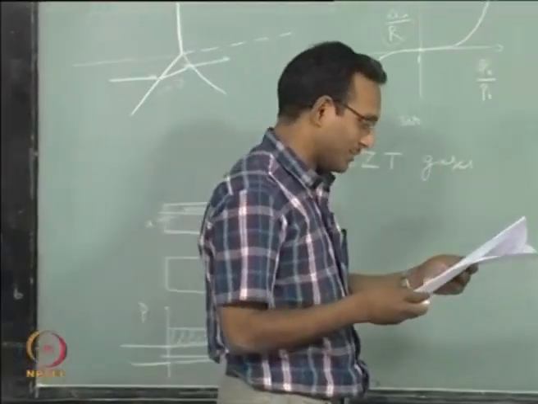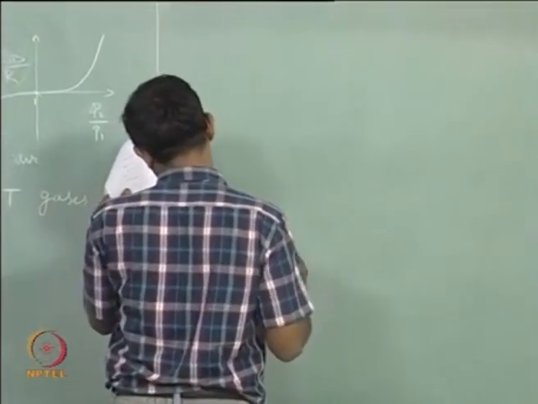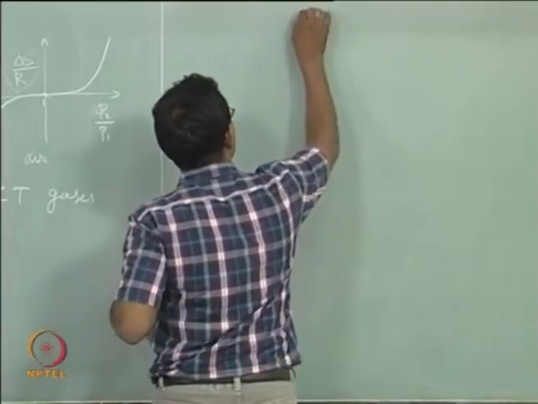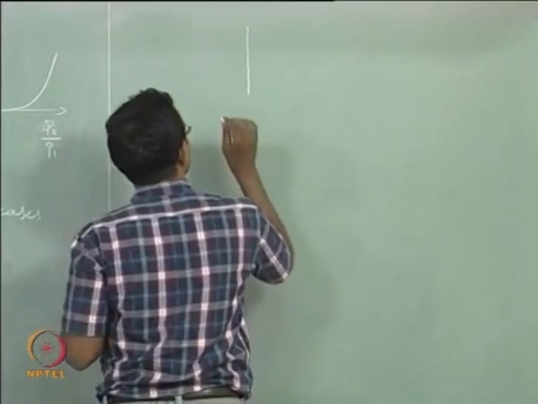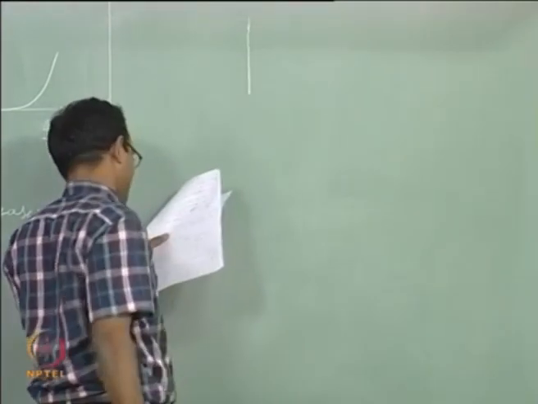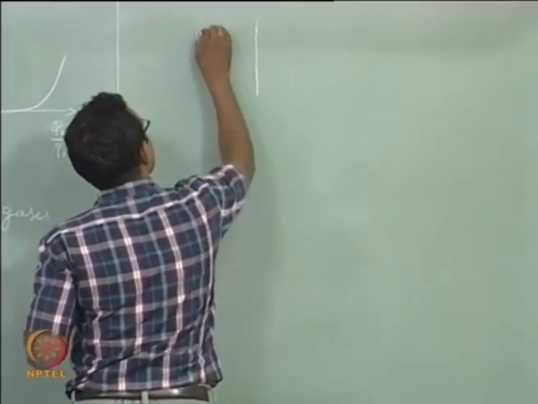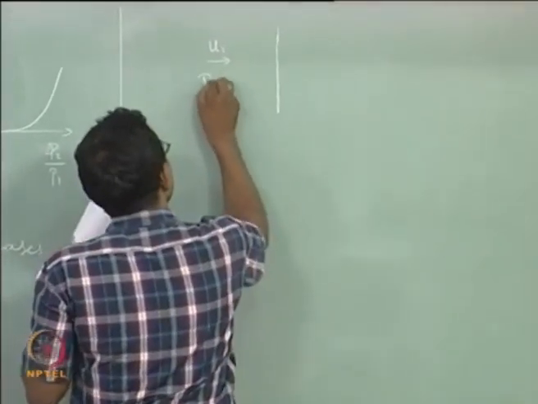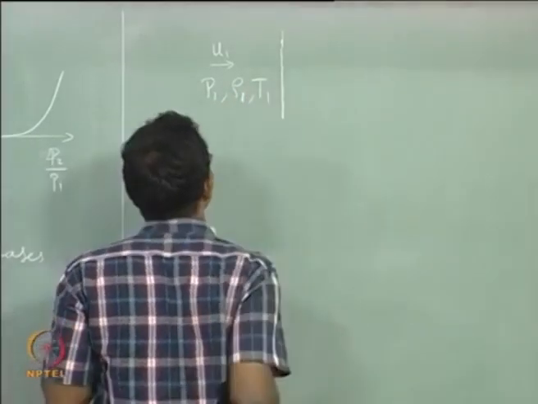Now we will just go and put this in equations form, just one simple expression I want to get, and then we will talk a little more. Let us say I will go to a condition where I have only one expansion wave and it is in wave fixed coordinates. So this is a stationary wave sitting there. I am going to say there is flow with velocity u1 into it this way, with pressure P1, density rho 1 and temperature T1.